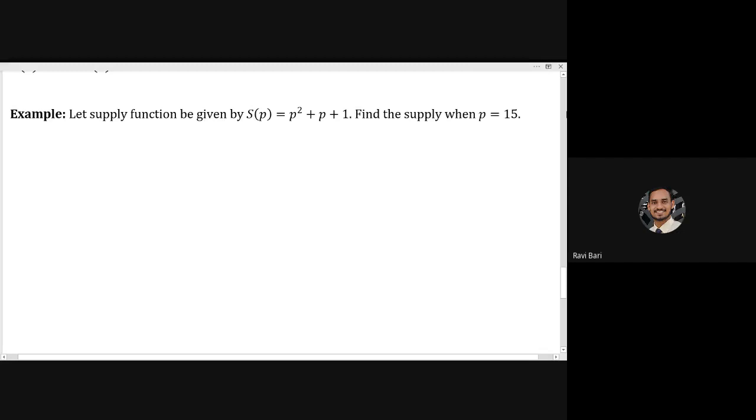So suppose you are talking about demand and price. If the price is high, then demand will be high or low?